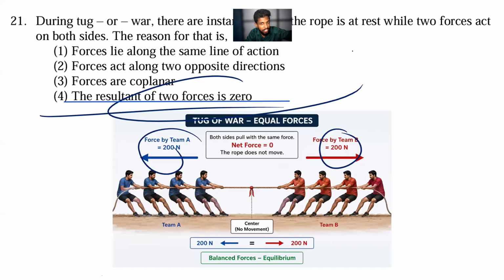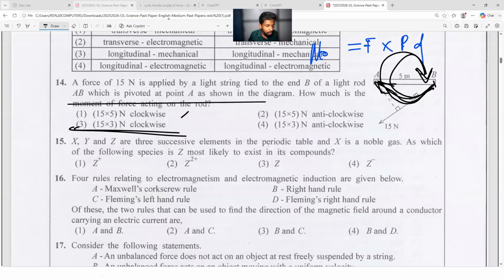That is the condition. But here, they are not asking the condition, they are asking the reason. The reason is this. Resultant of two forces, that is 0. Be very careful. Earlier we were discussing the conditions, not the reason. But here they are asking the reason. Okay. I think there is no gap under question number 21. Do you have any gaps here under the paper?